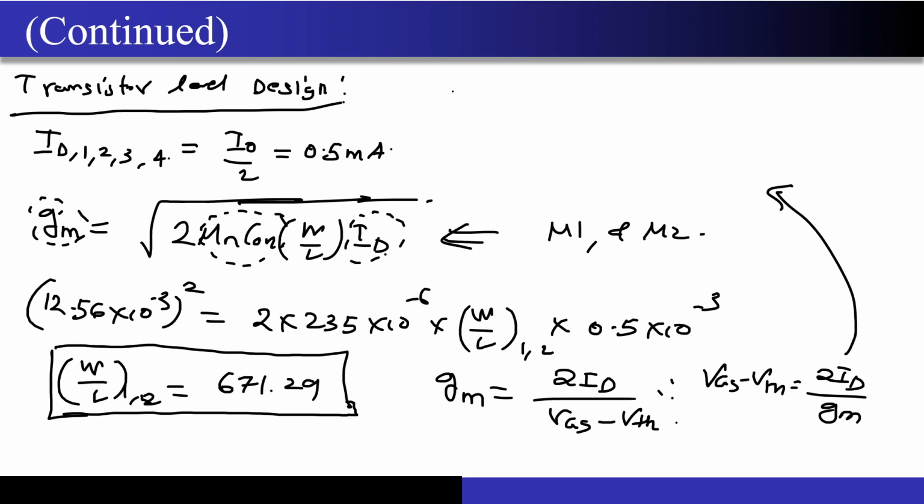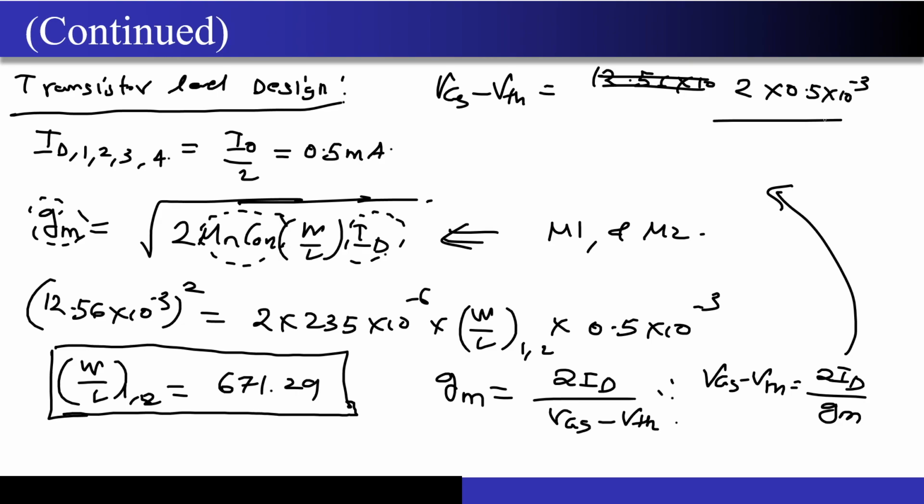Now if I move up over here, VGS minus VTH will be 2 into 0.5 into 10 to the power minus 3 divided by 12.56 into 10 to the power minus 3. So VGS minus VTH, that is the overdrive of transistors 1, 2, if you calculate, comes out to be a very small value, around 79.61 millivolt.